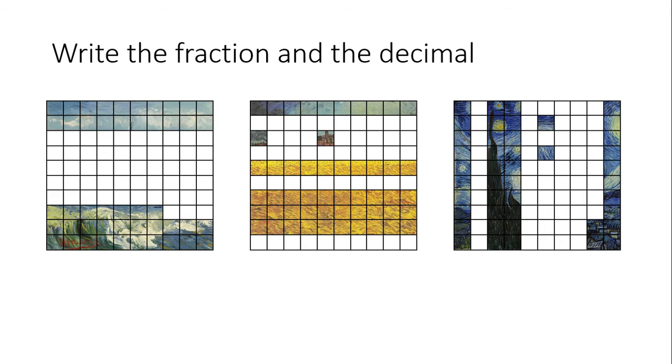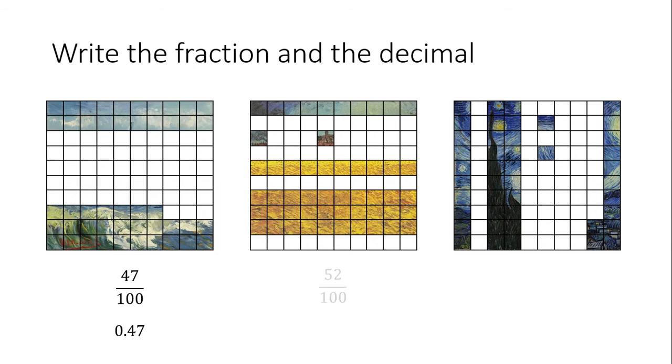Welcome back. I hope you did your counting very carefully. We're going to check now. In the first painting to the left, I can see there are 47 squares of the painting that I can see. The rest is white. 47 out of 100, which means 47 hundredths.